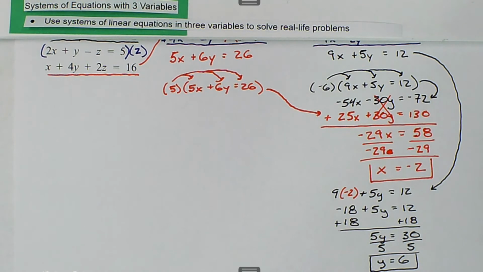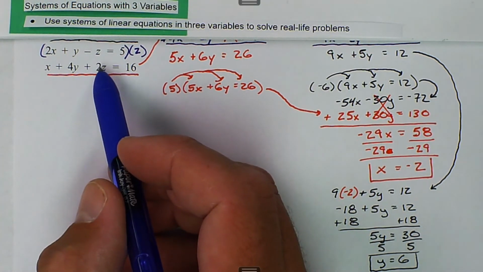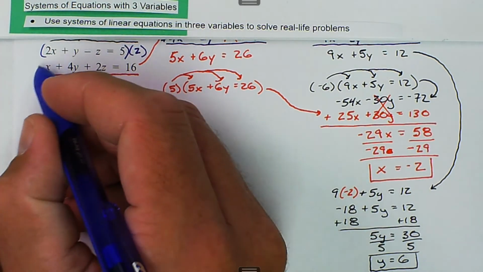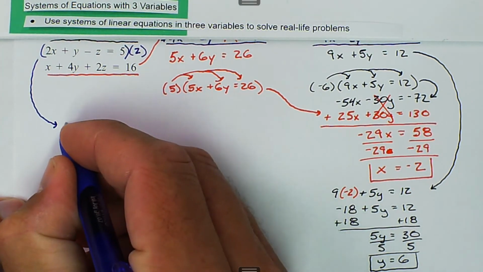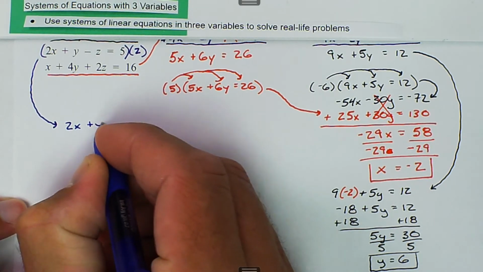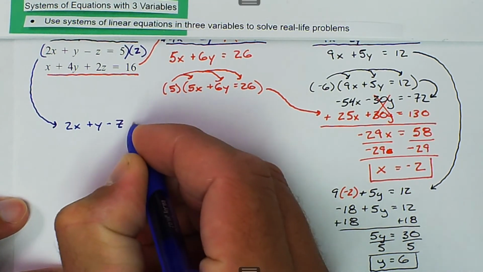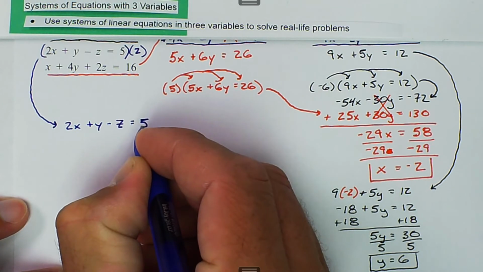So now we can take our middle equation again, the blue one that we had up here. So I'm going to write that down just as it is. So it's going to be 2x plus y minus z equals 5.